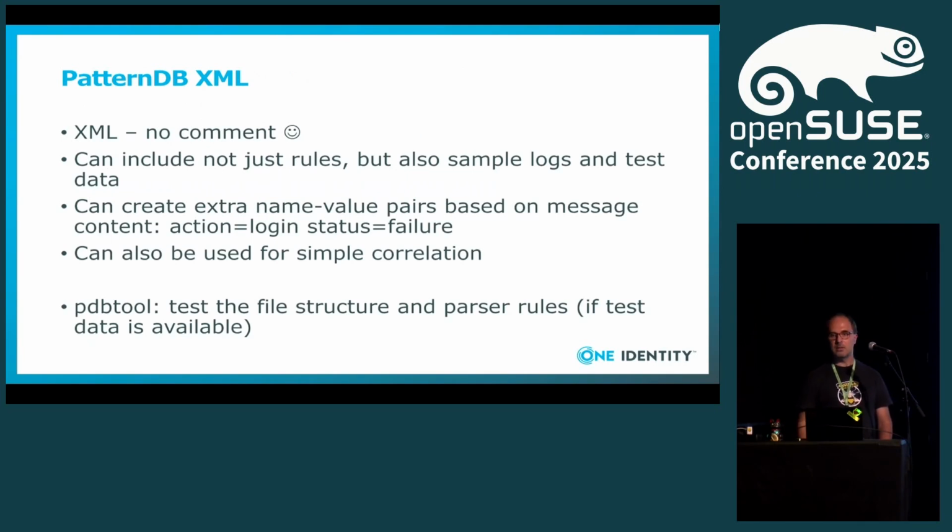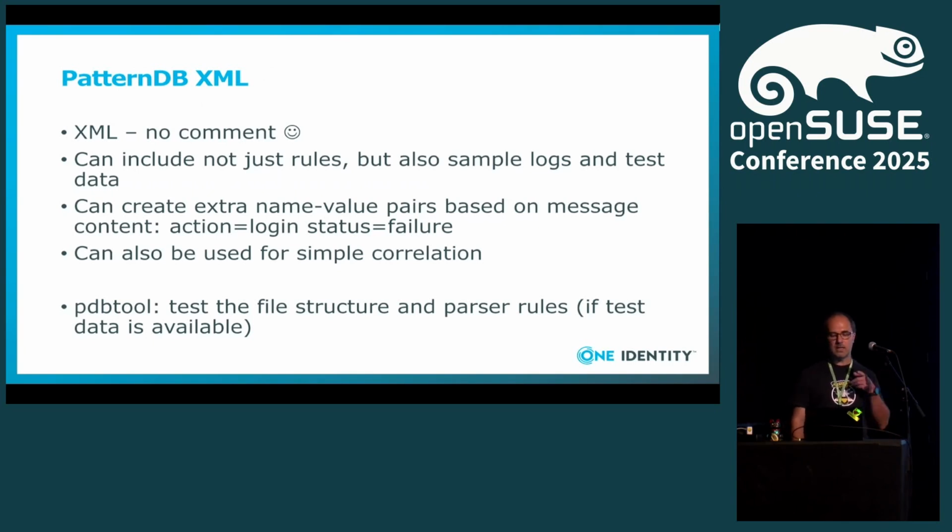It's an XML, and no comments on that one, as for many people it's a love-hate relationship. But this format allows us to not just include rules, but also sample logs and test data, which can be quite useful. And as you have the log information at hand, you can also create some additional name value pairs based on the message content.